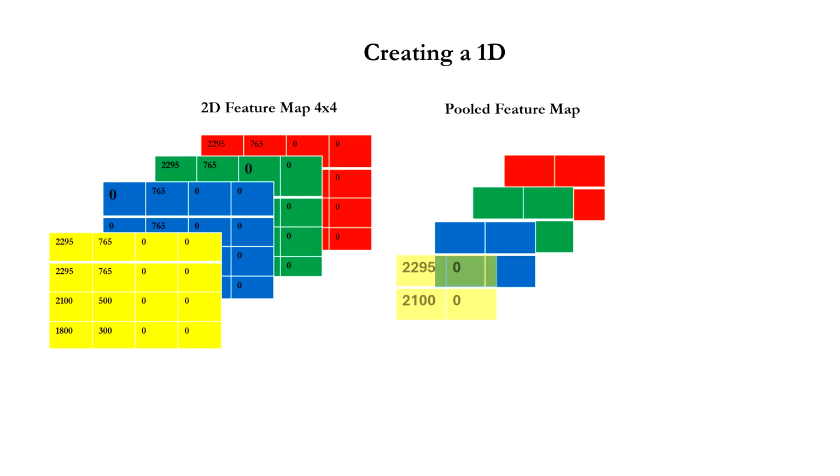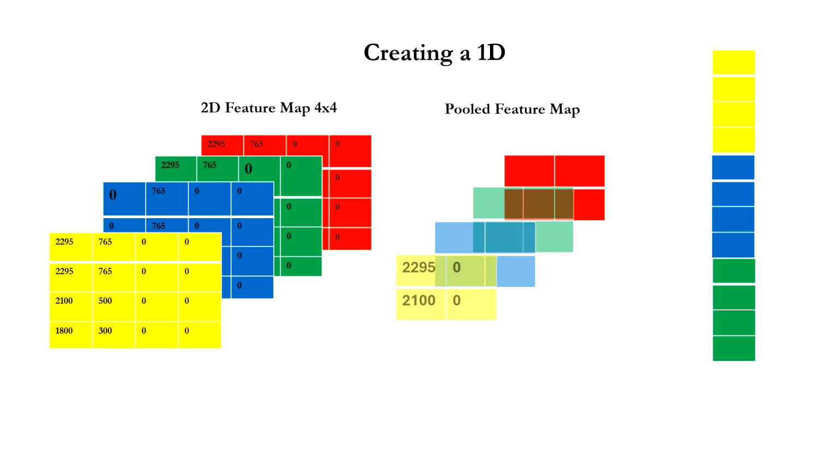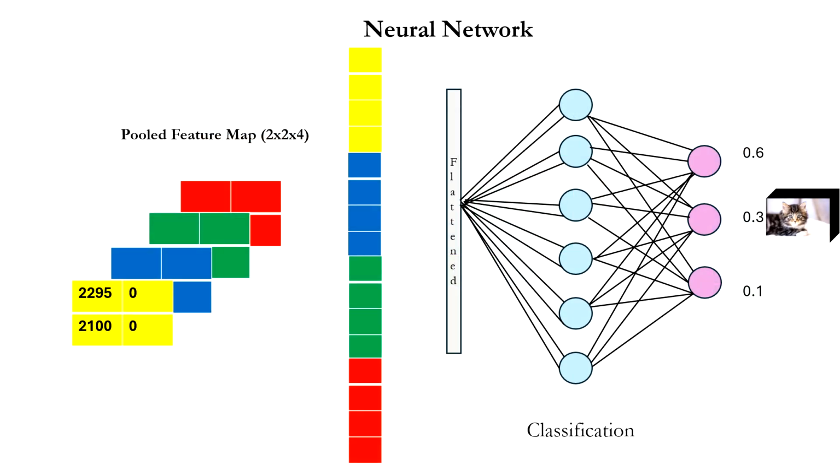And we have to create a 1D vector from these. From that, we can apply a neural network.